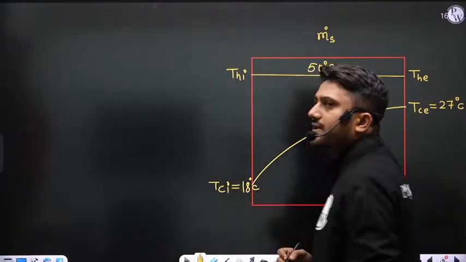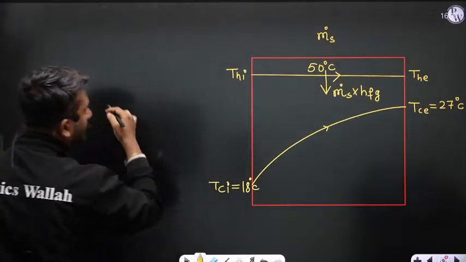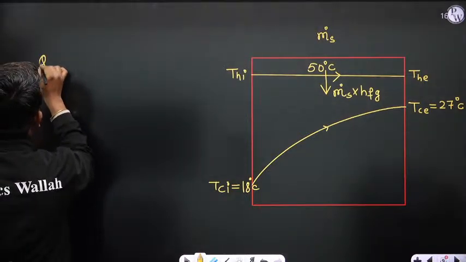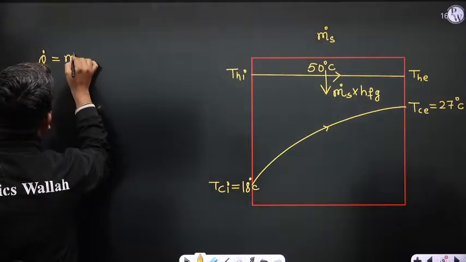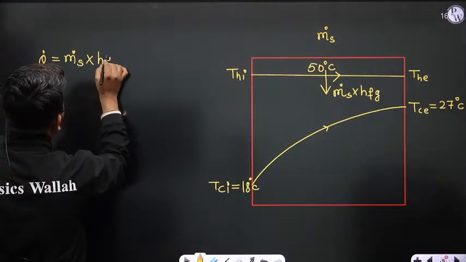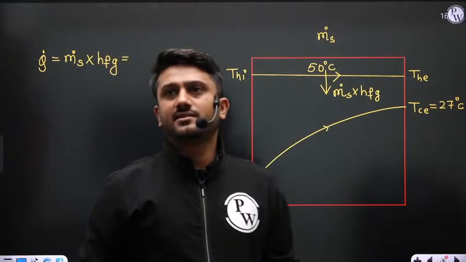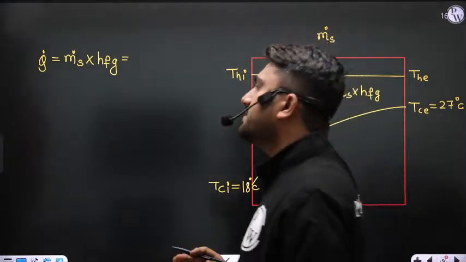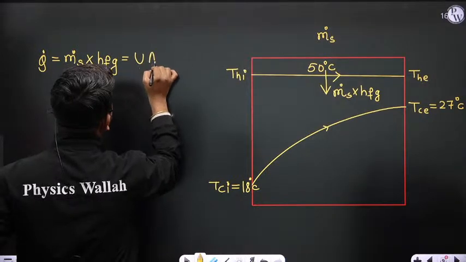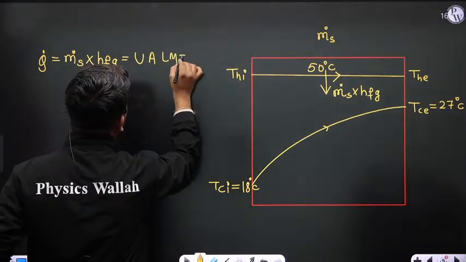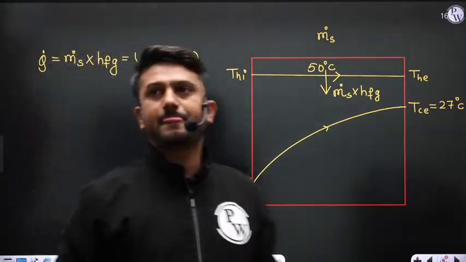From the energy balance we can write that Q dot is equal to m dot s multiplied by hfg, the latent heat of condensation released, and this is equal to U into A into LMTD.